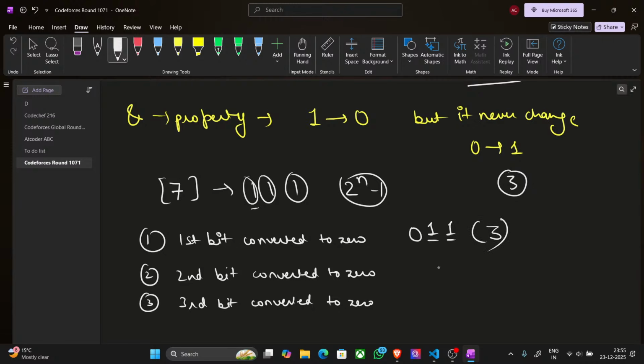Does this represent 3? Right? Okay. Now my first bit is already converted to 0, and the second bit will be in the form dash 0 dash, right? And the third bit will be in the form dash dash 0.